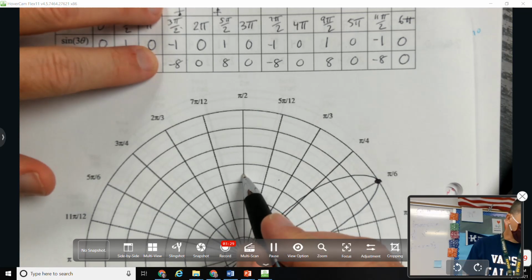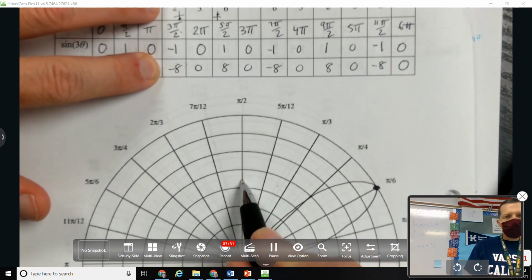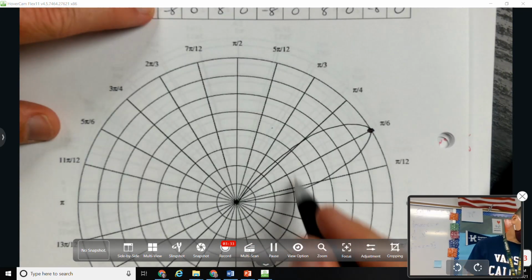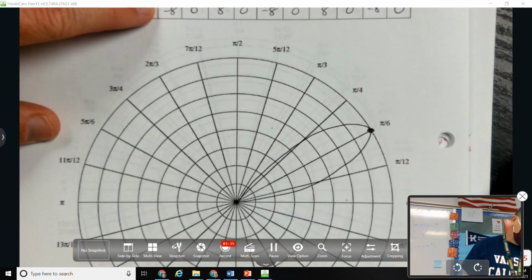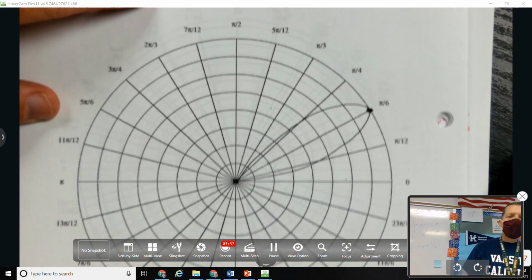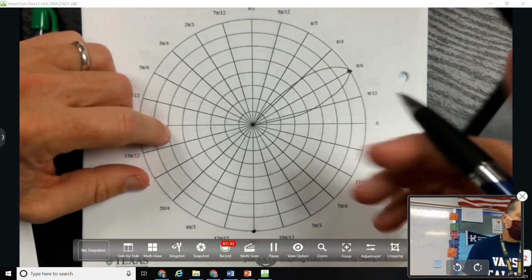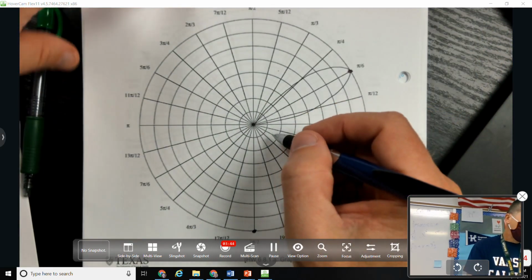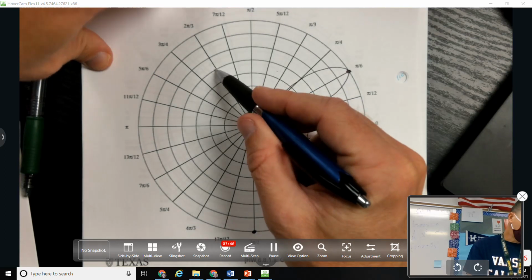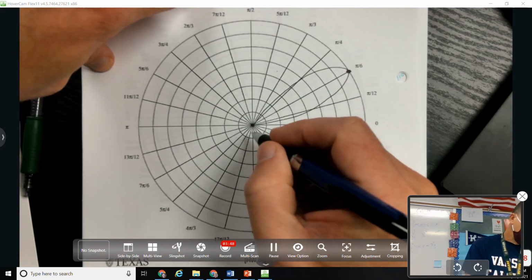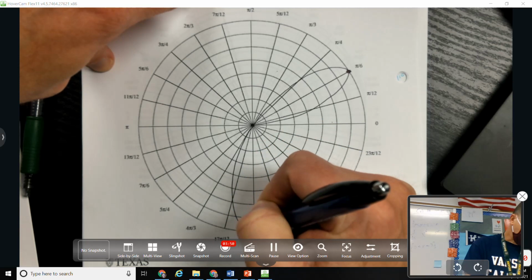Pi over 2, negative 8. So rotate the pi over 2 and go down 8. Can't zoom out far enough to get the whole thing on the graph. 2 pi over 3, we're back to 0. So I think we found our second loop there.